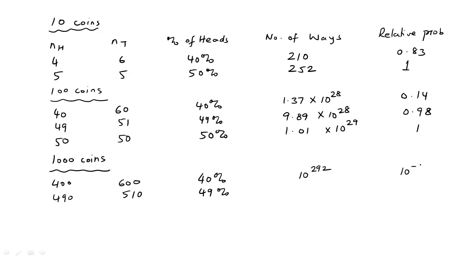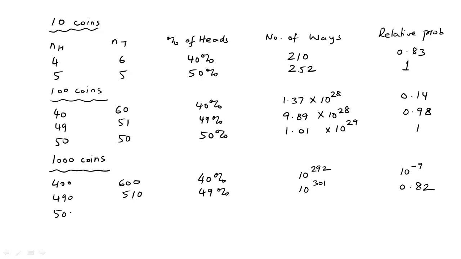It is 10 to the minus 9. The number of ways of getting 49% heads is approximately 10 to the power of 301, and the relative probability of this with respect to the most probable distribution is 0.82, which is quite significant.